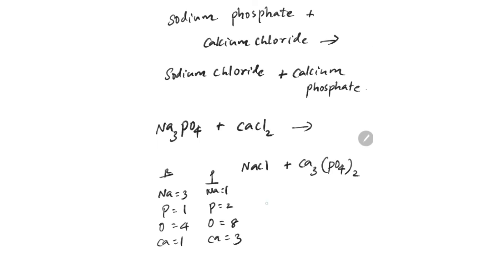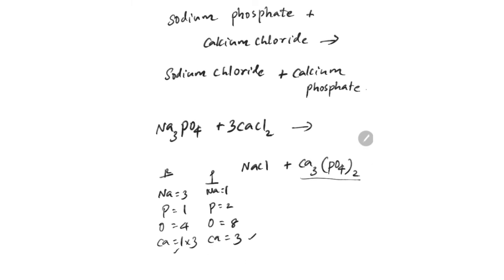First of all, let's focus on the more complicated one, that is calcium phosphate. You can notice here there are 3 calciums here, only 1 calcium. So it's very easy to multiply just by 3 at the left side. So I'm going to put 3 CaCl2 in order to make it balanced.